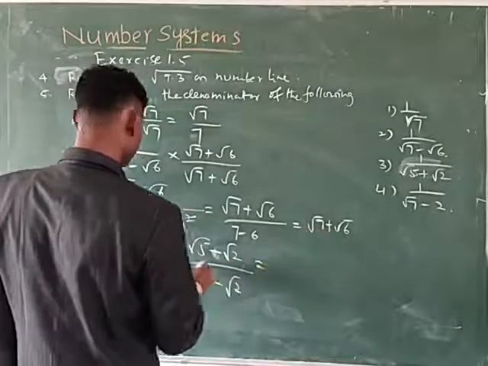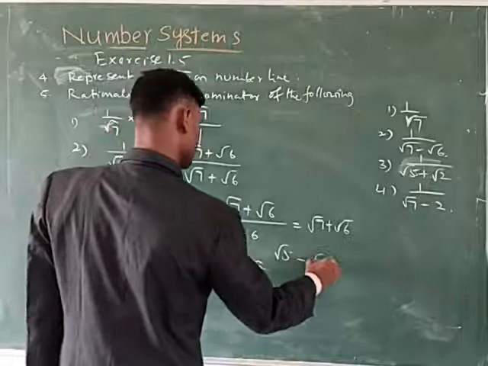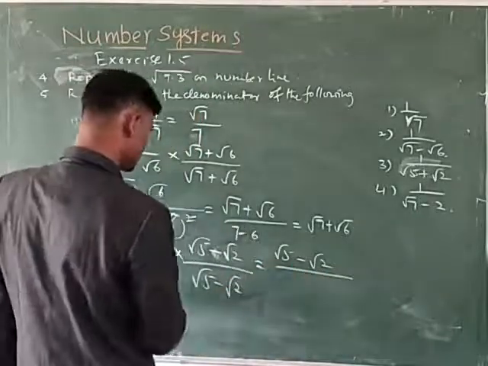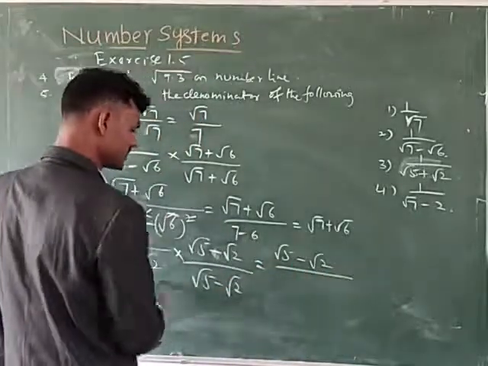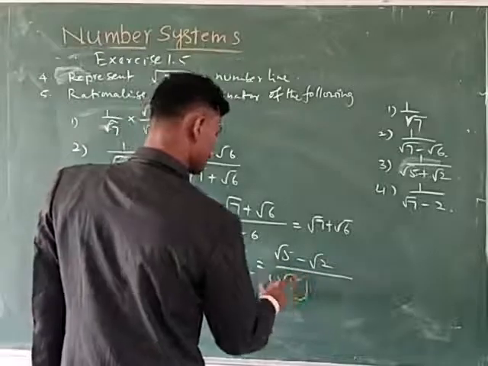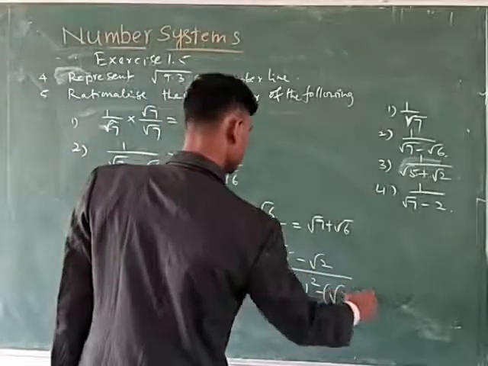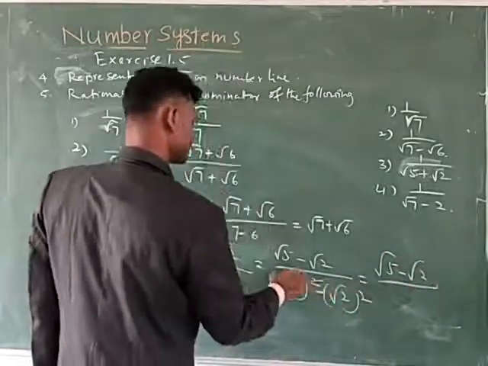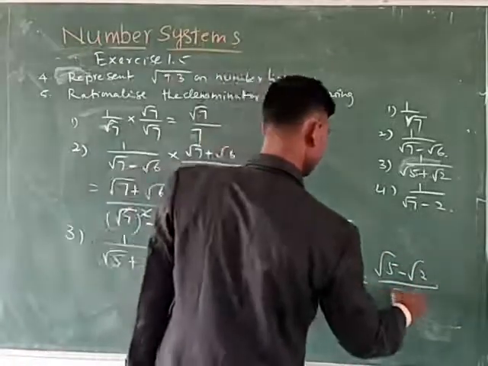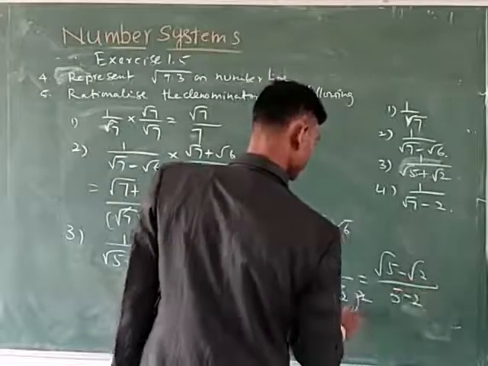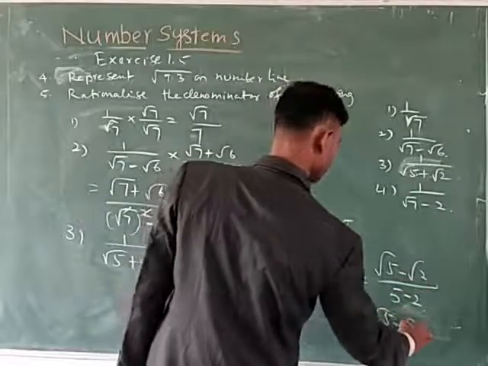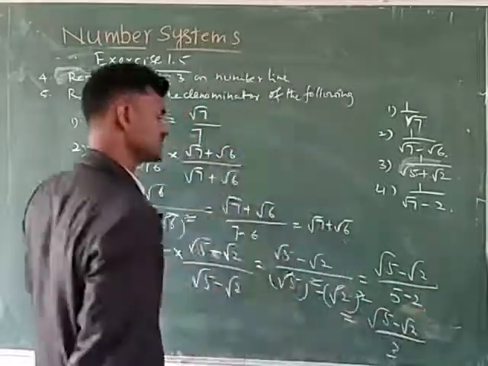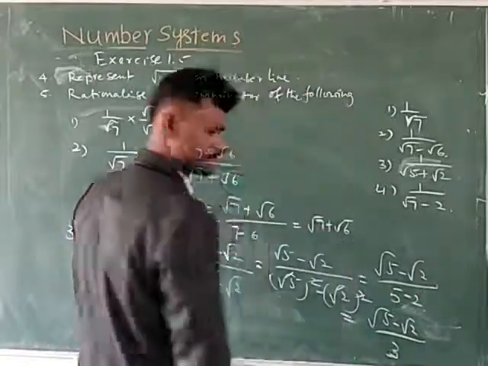Now root 5 minus root 2 by, this is (a plus b) into (a minus b), root 5 whole square minus root 2 whole square. Square root cancels, 5 minus 2 is equal to 3. So the answer is root 5 minus root 2 by 3.